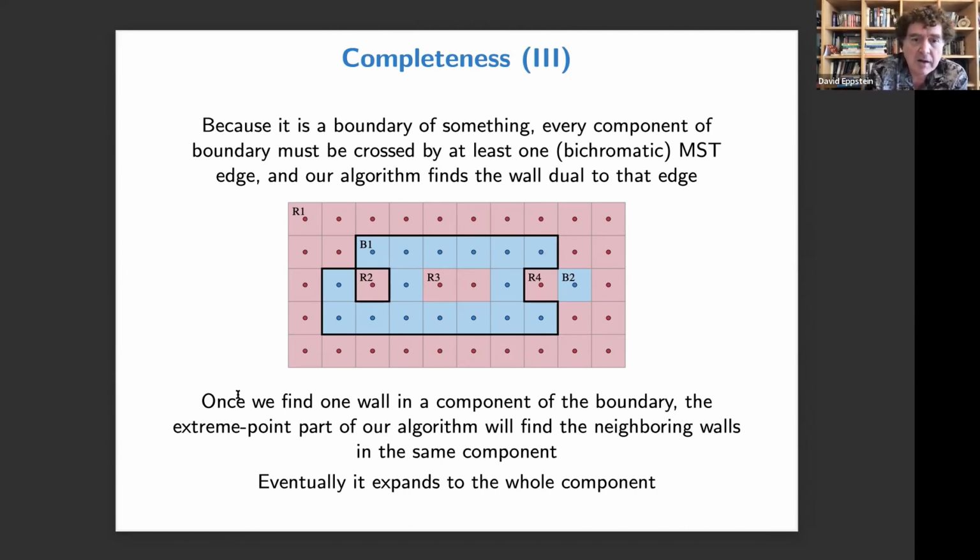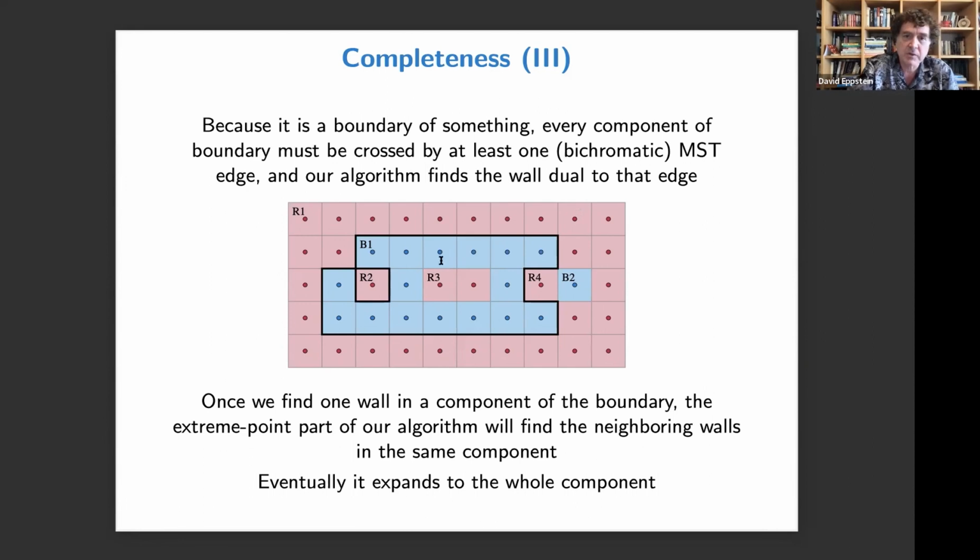So our minimum spanning tree phase of our algorithm will find a pair of relevant points determining at least one wall in every component of boundary.